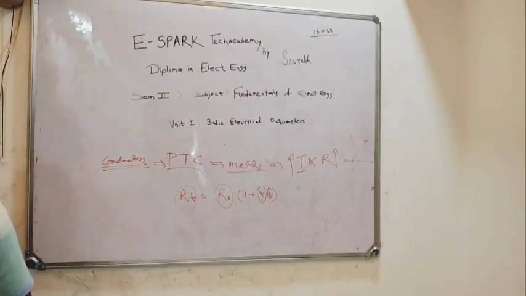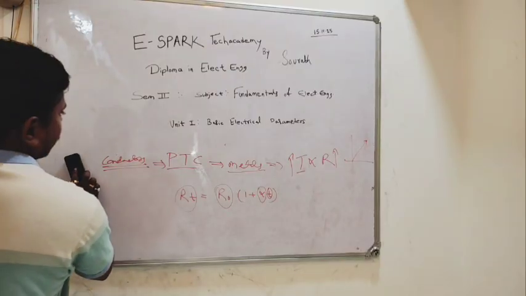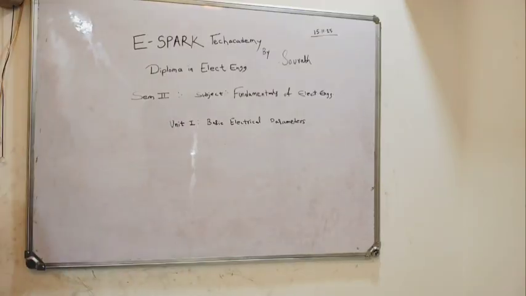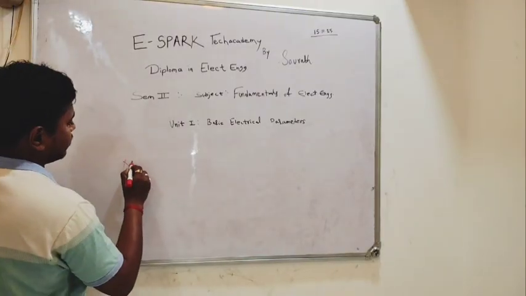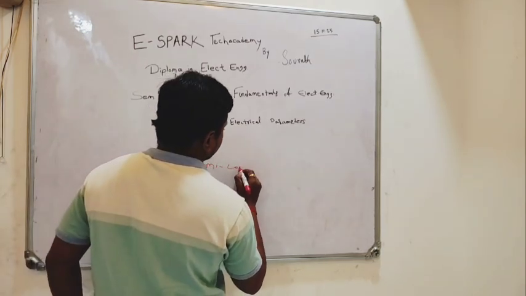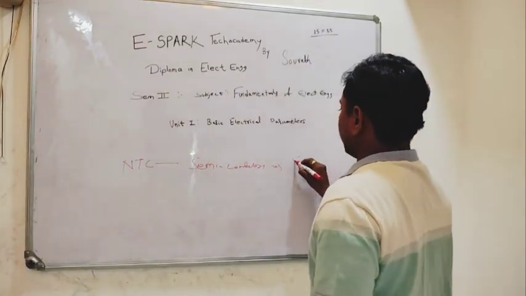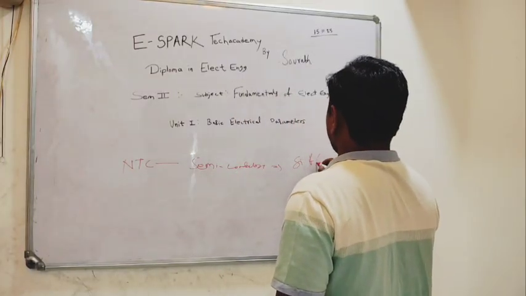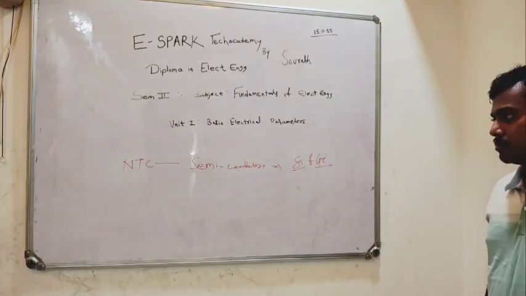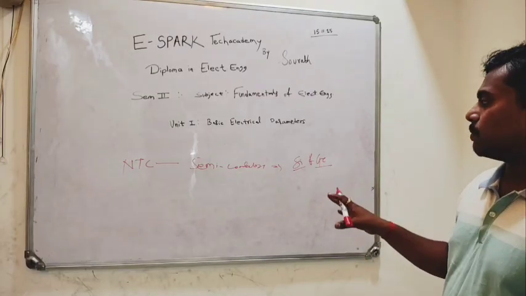Now you will be dealing with negative temperature coefficient, NTC. This will be for semiconductors, silicon and germanium, which are highly used in electronic devices, on PCB circuits.